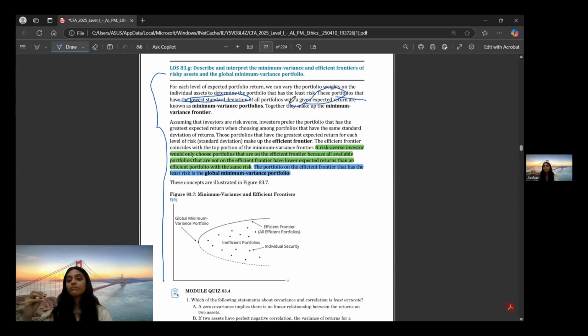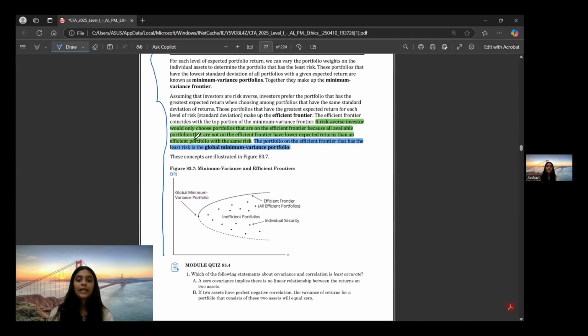Now, if an expected return is given for many portfolios, the least risky portfolio among them is known as the minimum variance portfolio, and many minimum variance portfolios together make the minimum variance frontier. Okay, simple.